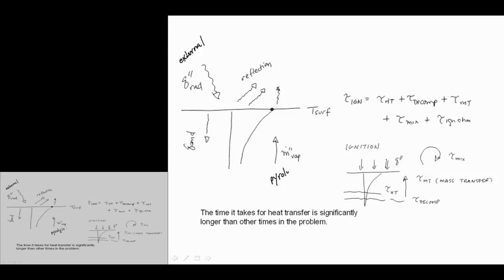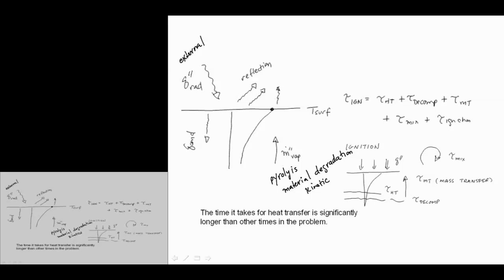So this is the material degradation kinetic process. That releases the volatiles and pyrolysis products that get out and eventually combust.